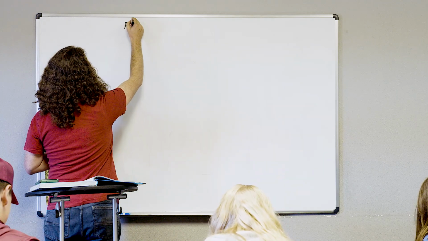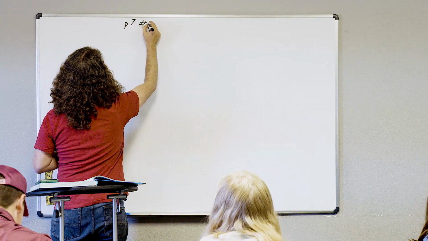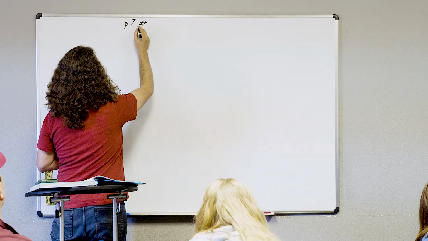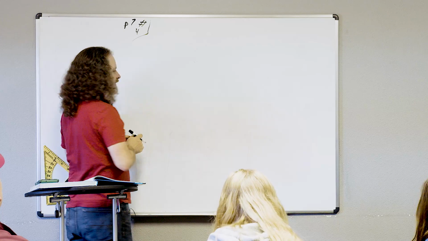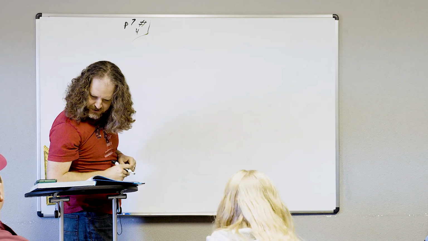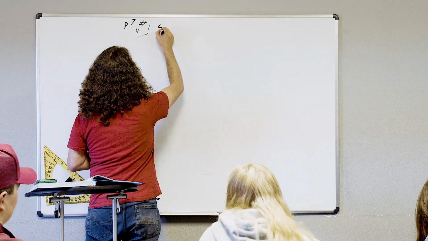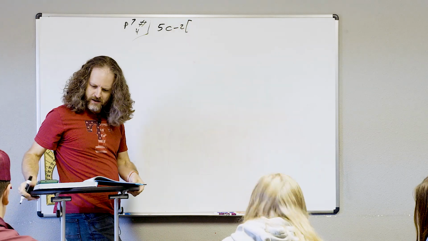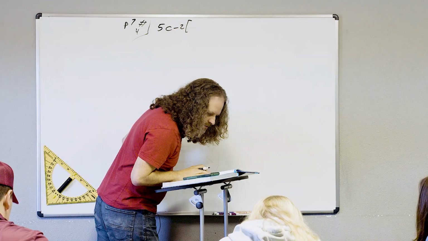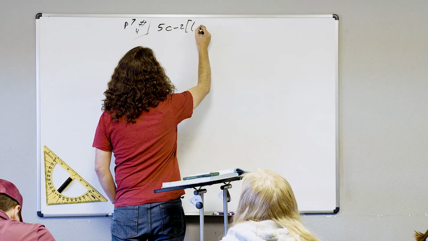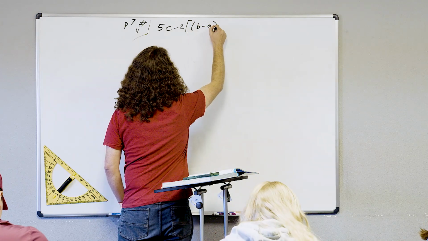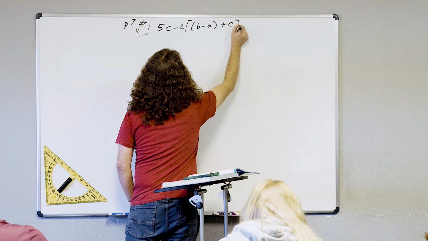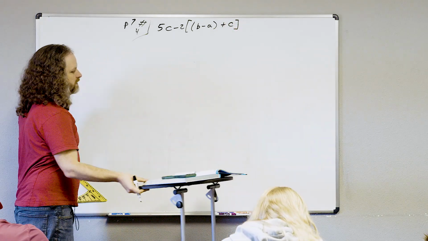All right. So page 7, number 12, right? Number 4. Great. Is that what we're doing? Okay. 5C minus 2 times the quantity of another quantity, B minus A, and then plus C, close parentheses.